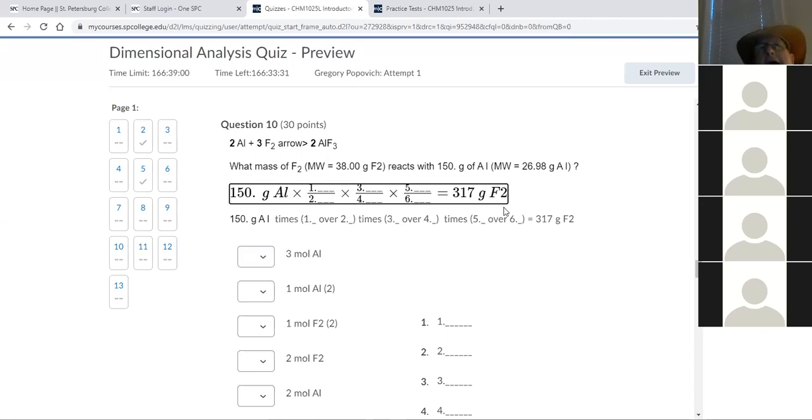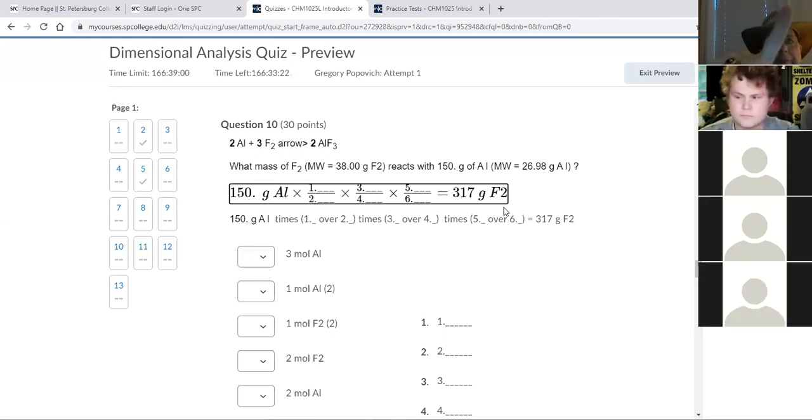The way I teach stoichiometry, I teach it in terms of 3 steps. First step, turn your grams of known into moles of known by multiplying it by 1 mole over the molecular weight or atomic weight.